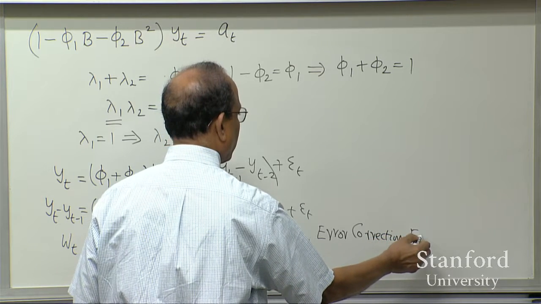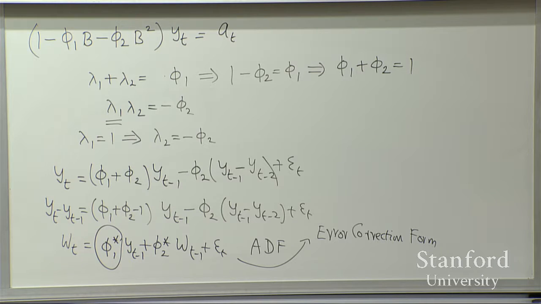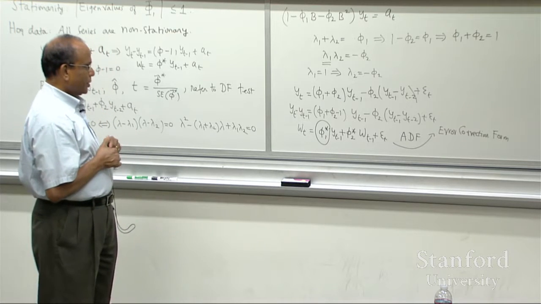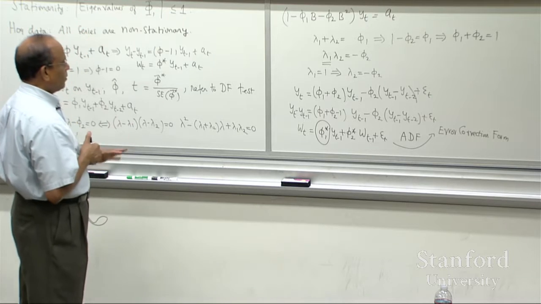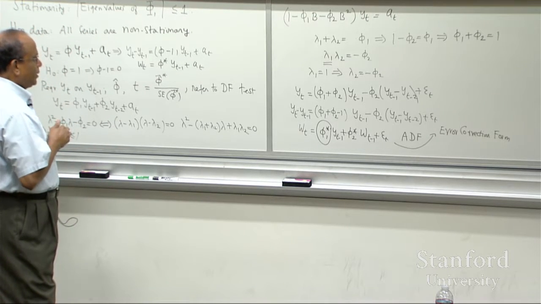It has some interpretations in economics, and if you want to read more about it, you should look at Granger's work on this. Okay. So this is the general form of testing whether you have non-stationarity or not.